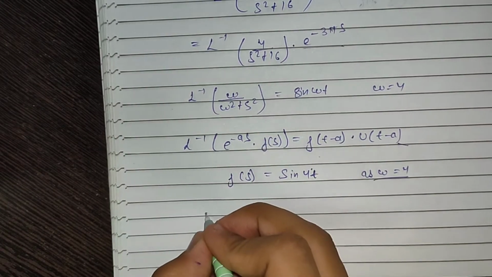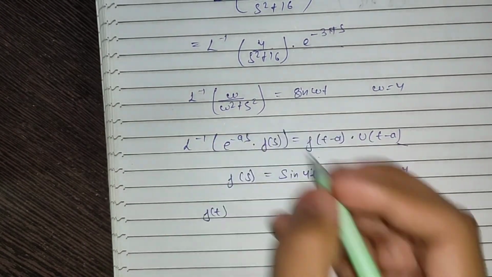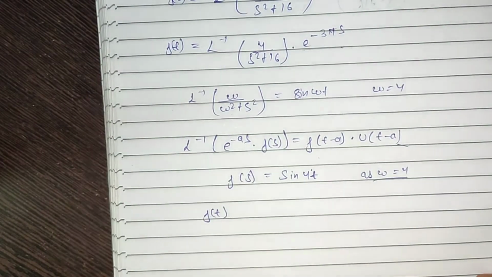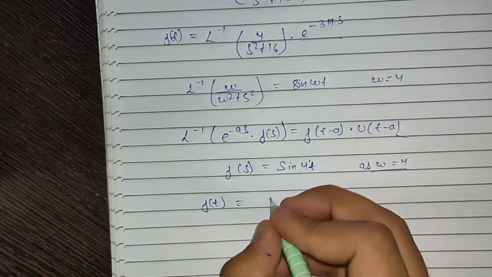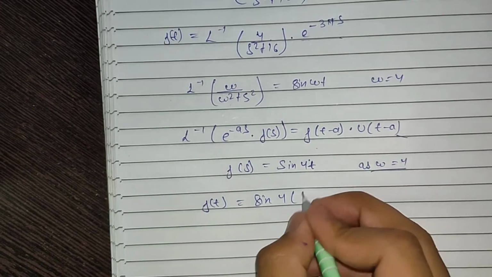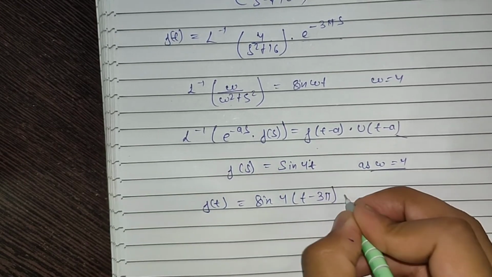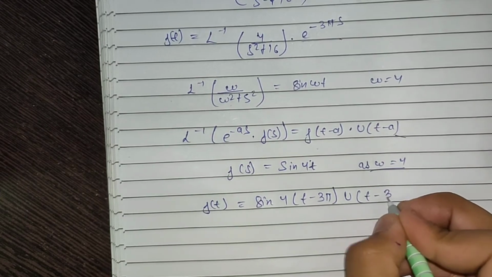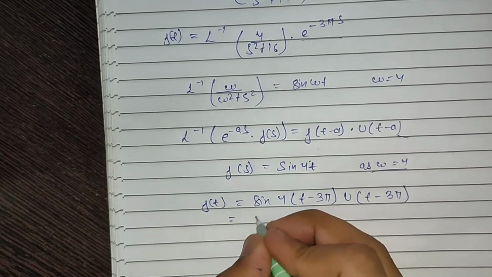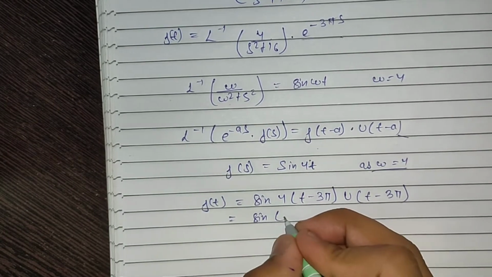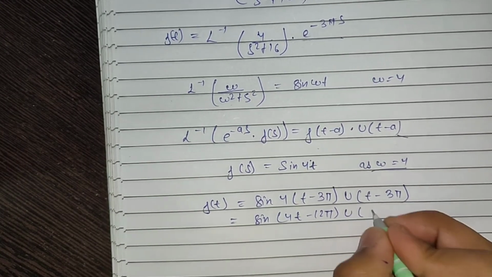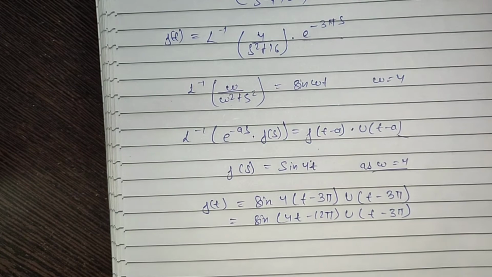So now f of t will be, applying this property, sine of 4 times t minus 3 pi, times u of t minus 3 pi. Simplifying it more, sine of 4t minus 12 pi times u of t minus 3 pi.